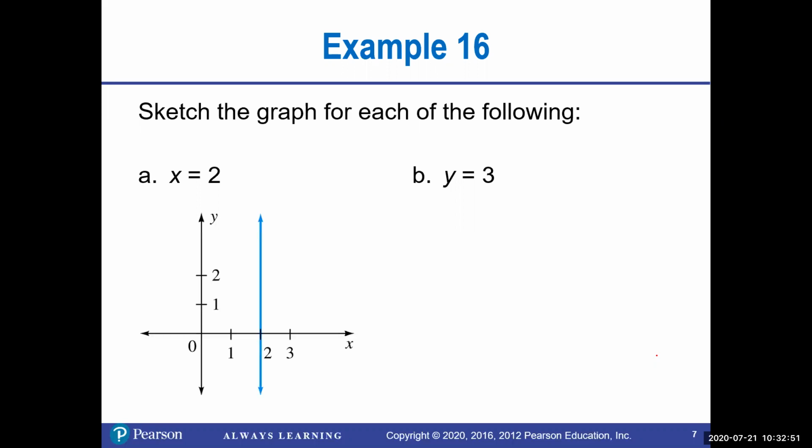For x equal to 2, at this point, if you wanted to name this point, it would be (2, 0). This is the x-intercept, and at the x-intercept the value of y is 0.